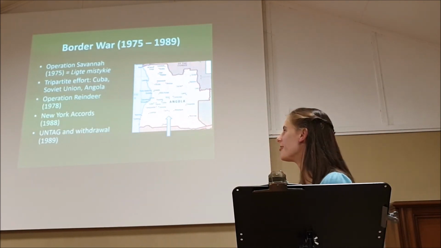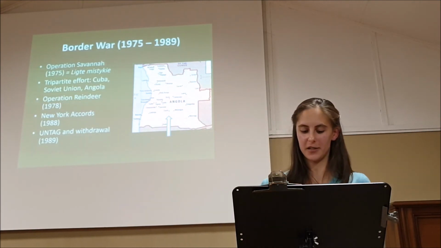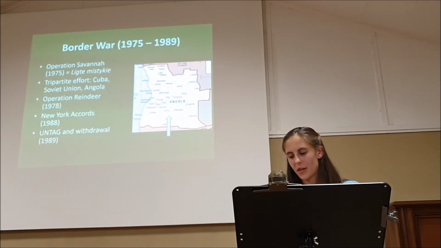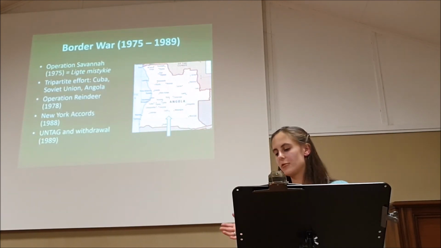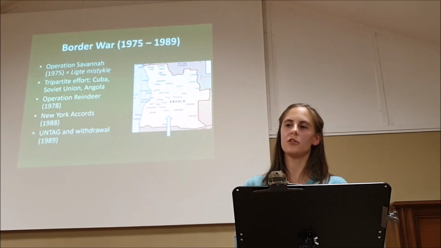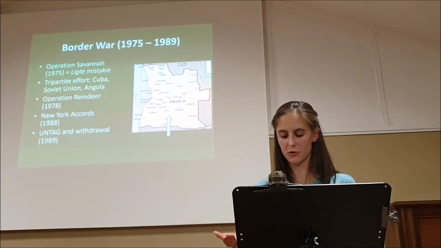So, why did the war that lasted 23 years end right then? Well, the big picture in the world at that time was that the Cold War was ending. The Soviet Union was falling apart, which had enormous repercussions throughout the world.